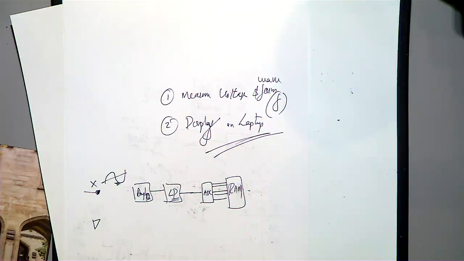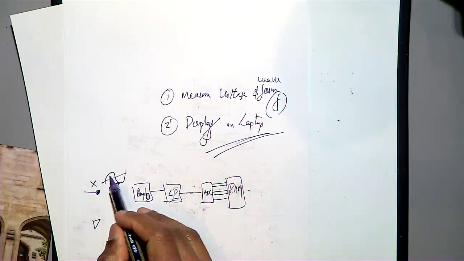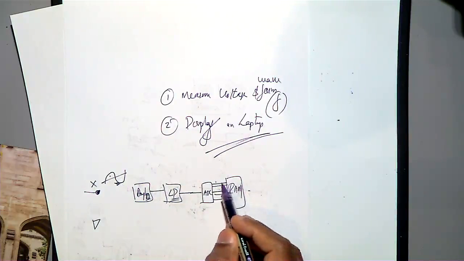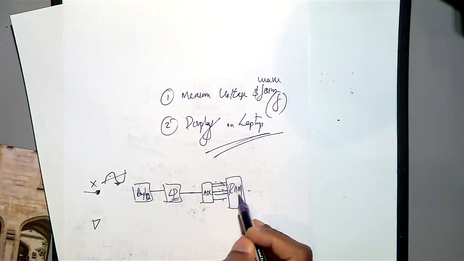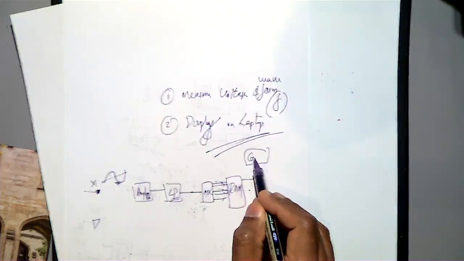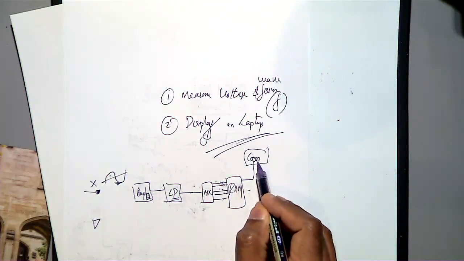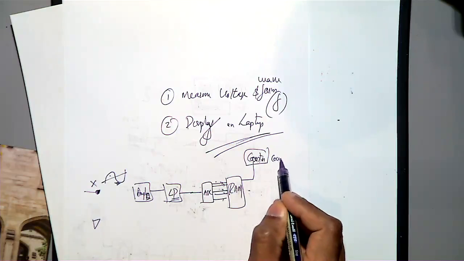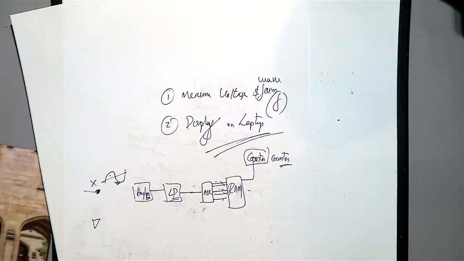The voltage value here is analog, and here it became digital. But when the digital values are coming into the RAM, whenever you have RAM, you need a counter. What is the meaning of counter? It will generate addresses.